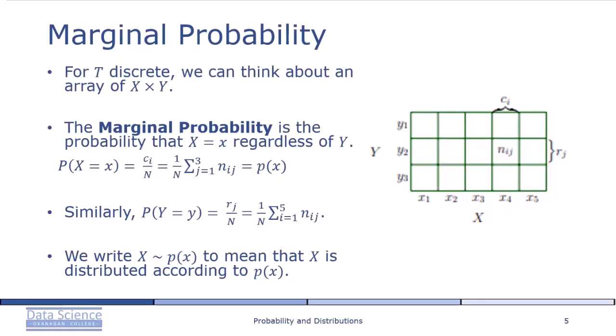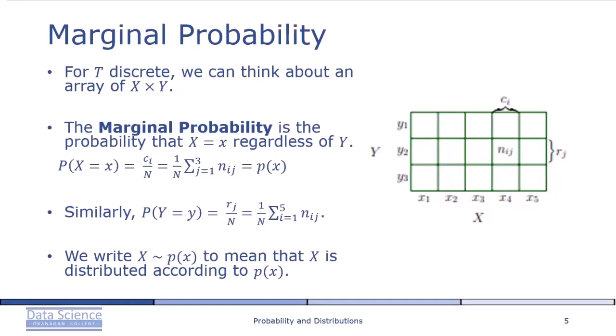Similarly, if we want to look at the probability that capital Y equals little y, we look at row j and divide the sum of the entries there by N. We write X tilde P of x to denote that the random variable X is distributed according to P of x.